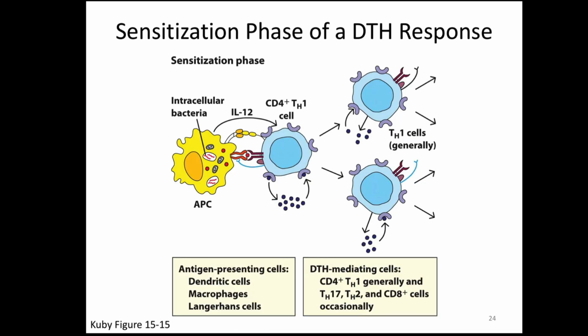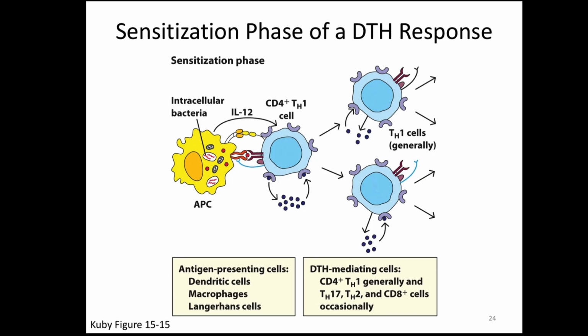And so during that first sensitization phase, you are getting that antigen brought into the lymph node, and you are turning on T cells and making a Th1 response. So in some ways, when I think of a DTH response, I honestly say that's just a fancy name for making Th1s to something.